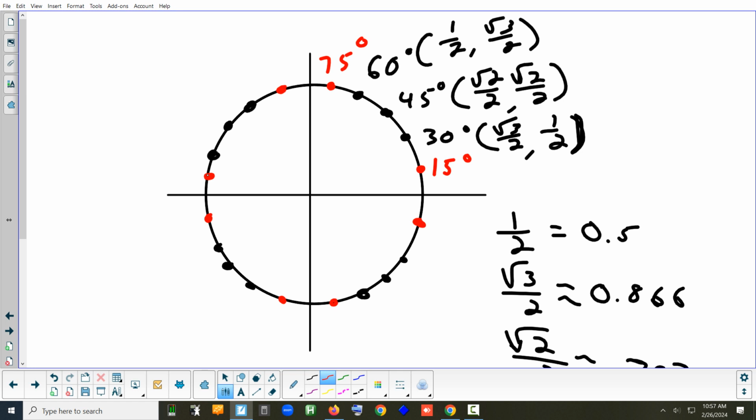But once you learn how to do 15, you might be able to figure out ways to do other ones, like 7.5. If you know how to do something, you can always do half of it. There's a formula to do that. So technically, you can keep expanding it as much as you want. You can do 22.5 because that's half of 45.